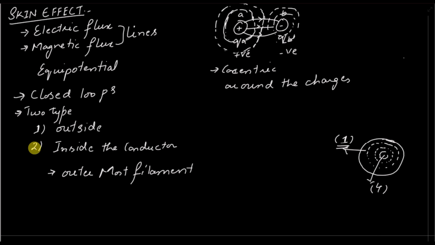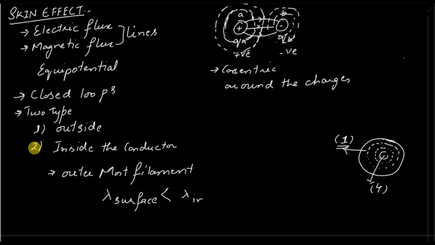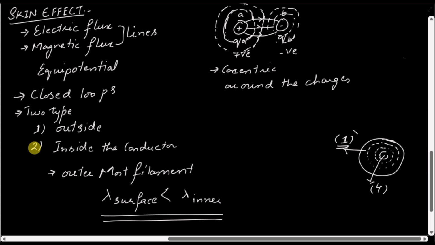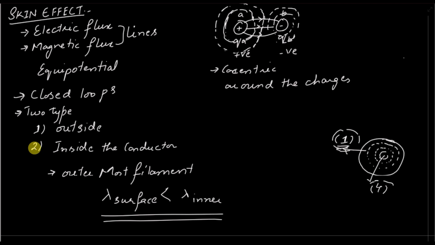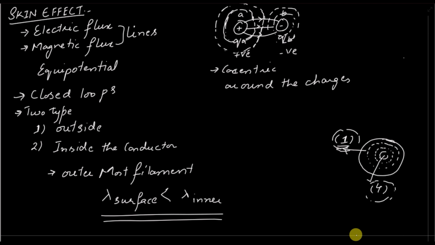The flux that is inside the conductor will not be linking with filament number 1. So the flux linkage with the surface layer will be smaller, and the flux linkage with the inner layers will be greater.